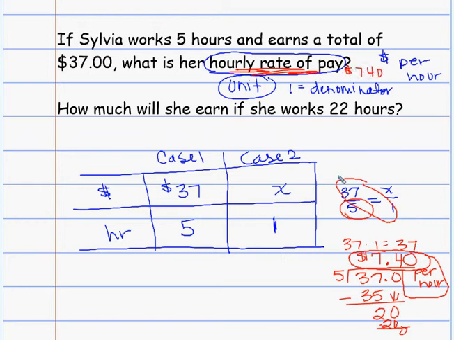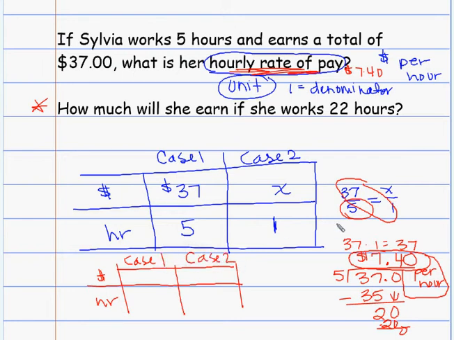$7.40. However, part 2 of the question is how much will she earn if she works 22 hours? So we could make another chart, dollars and hours, and we could have case 1, case 2, and we know that she makes $7.40 in 1 hour, so how much will she make in 22 hours?